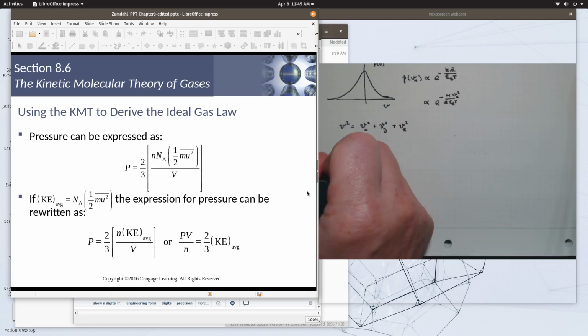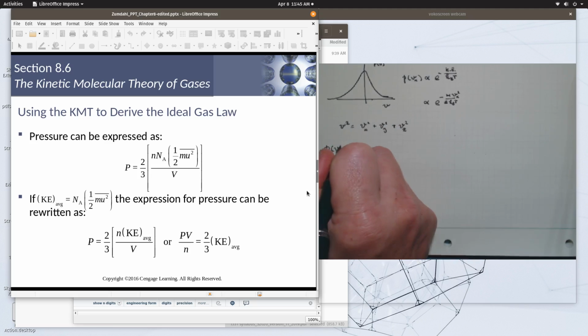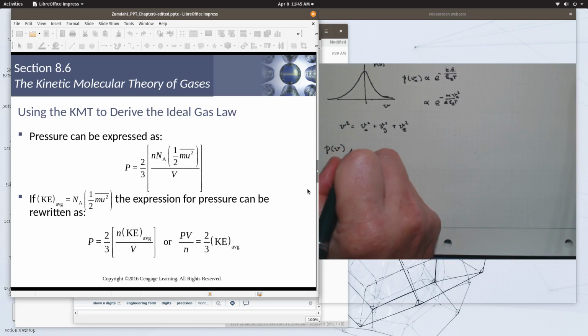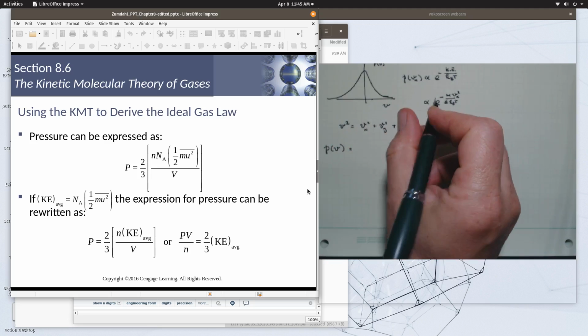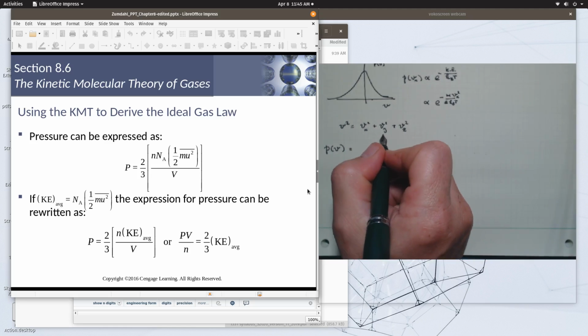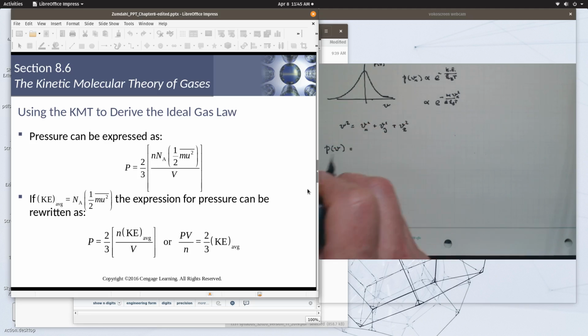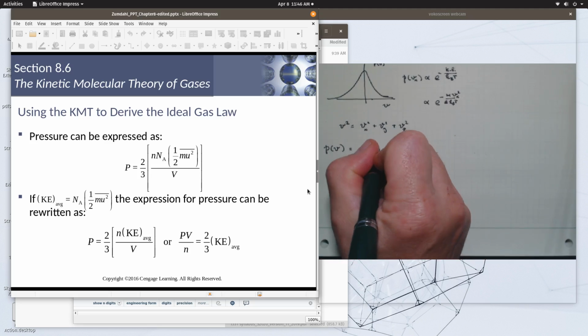I'm going to write the probability of moving at velocity v, and I have to be careful the way I do this. I can move in x, y, and z, but I'm going to transform this into polar coordinates in the following way.